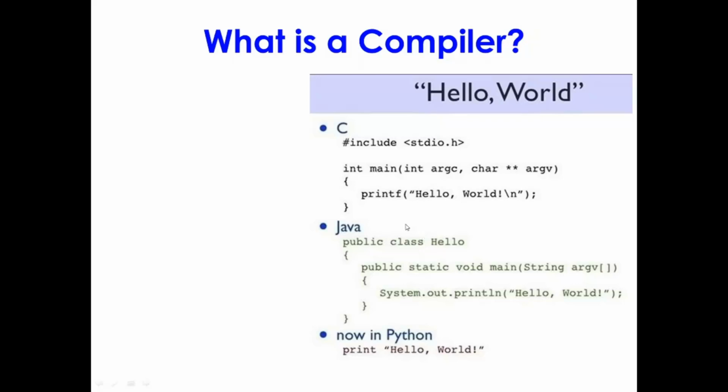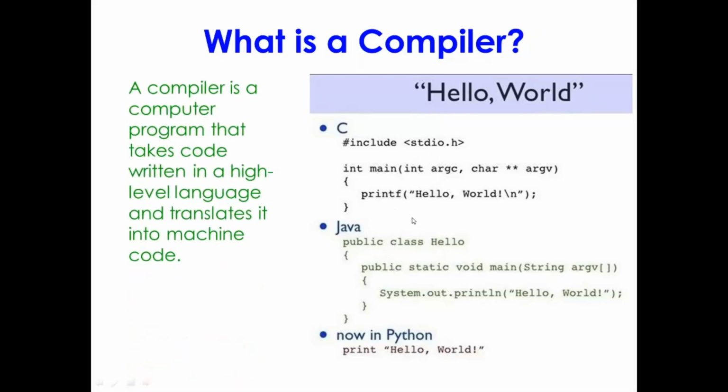So what a compiler does is, it will translate a program that is written in high-level language into machine language that computer understands. Compiler is a computer program or a software that takes the code written in high-level language and translates it to machine code. So this is what a compiler is.